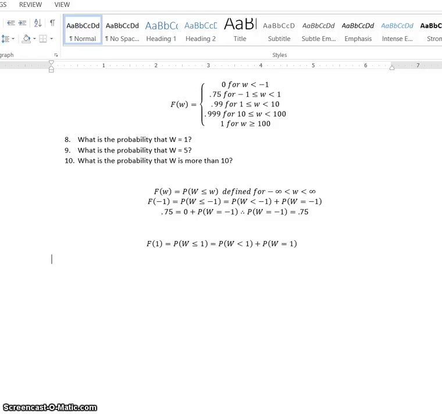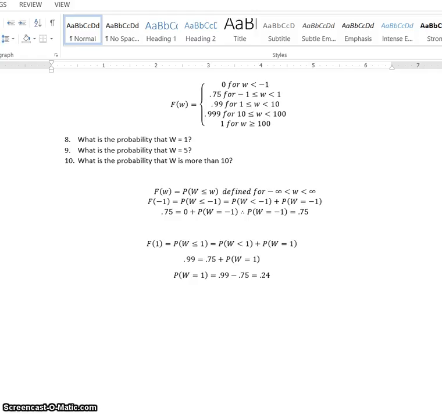The probability that W is less than or equal to 1 is 0.99. The probability that W is less than 1 is 0.75. Which means that the probability that W equals 1 is going to be the size of that jump. It's going to be the distance between 0.99 and 0.75, which gives us that the probability that W equals 1 is 0.24.